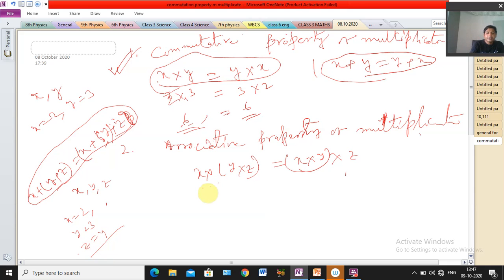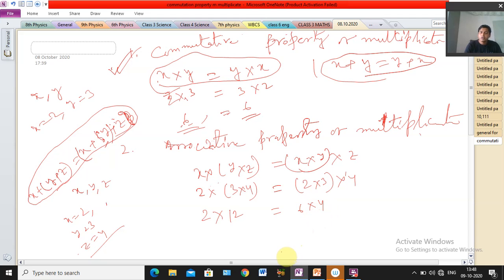just put it here. We get 2 into in bracket 3 into 4 in the left hand side. After that, 2 into in bracket, at first the bracket portion we have to do. So 3 into 4 is 12, equal to 2 into 3 is 6, 6 into 4.